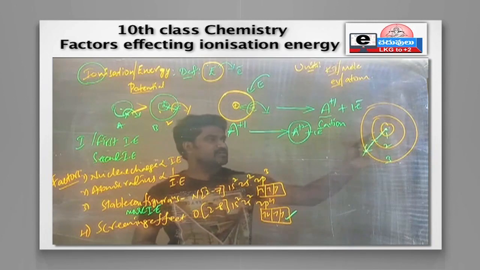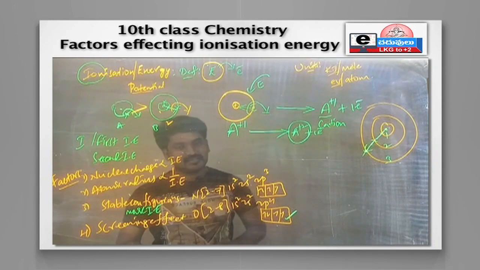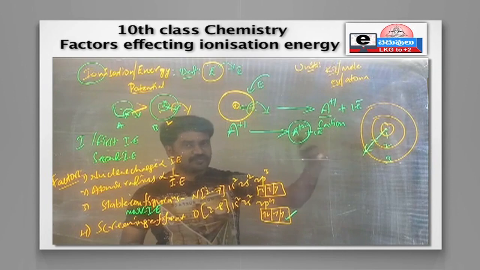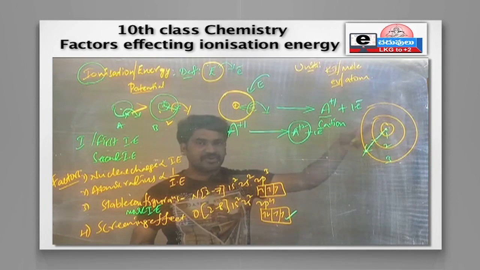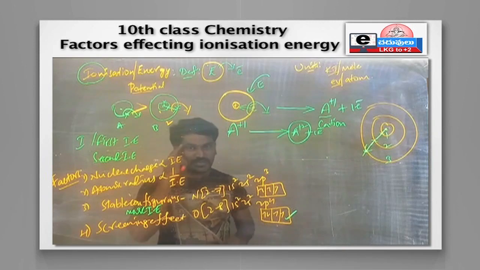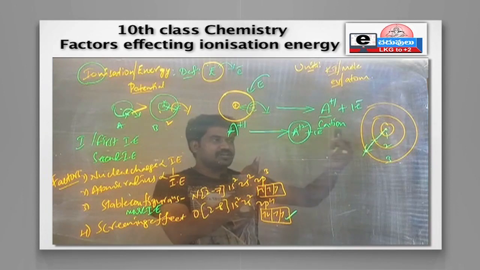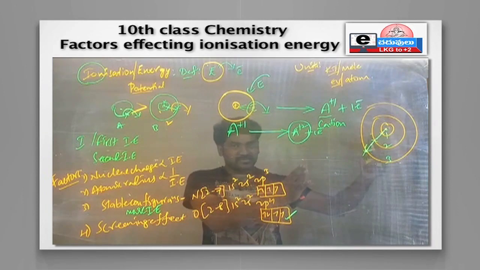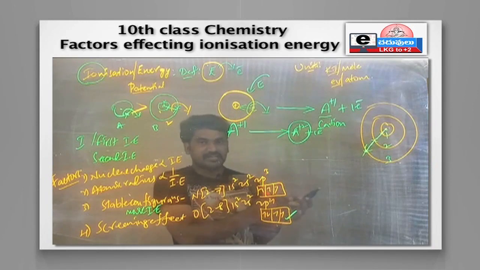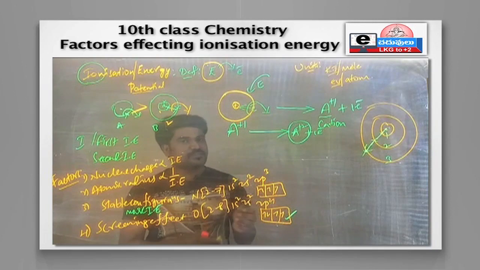Now what happens here? The energy is coming from the nucleus to the valence shell. In between the nucleus and the valence shell, there are the first orbit and the second orbit. These orbits, which are in between the nucleus and the valence shell, will absorb some energy.